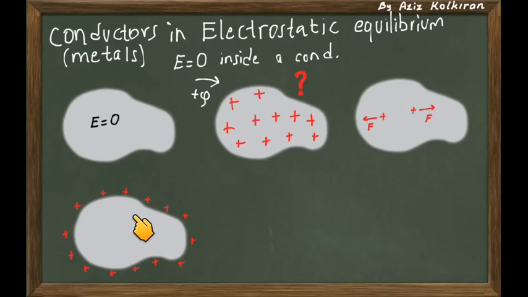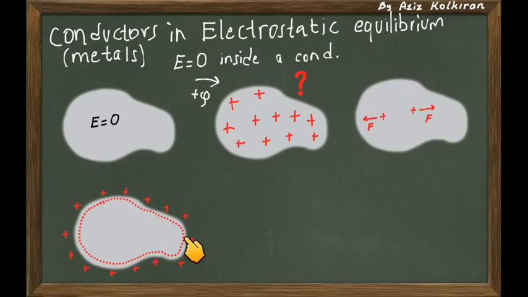So by this simple argument, if there is an extra charge on the conductor, these charges must locate themselves on the outer surface. We will prove this result by using Gauss's law like this. Let's pick an imaginary Gaussian surface which is right at the boundary of the conductor.